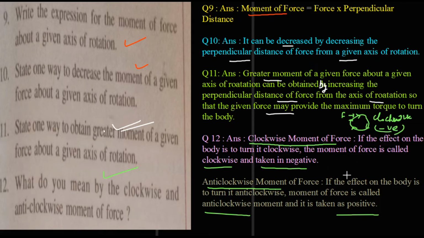So anti-clockwise, this is a disc, if we apply the force F here, it turns in the anti-clockwise direction, so this is anti-clockwise. This is always positive, right students? So this was clockwise and anti-clockwise moment of force. Let us move on to the next question.